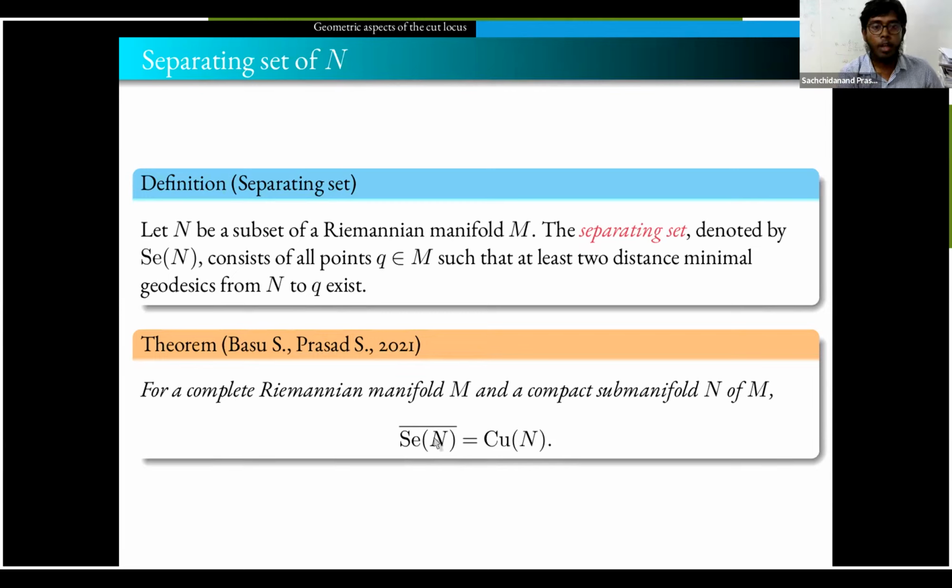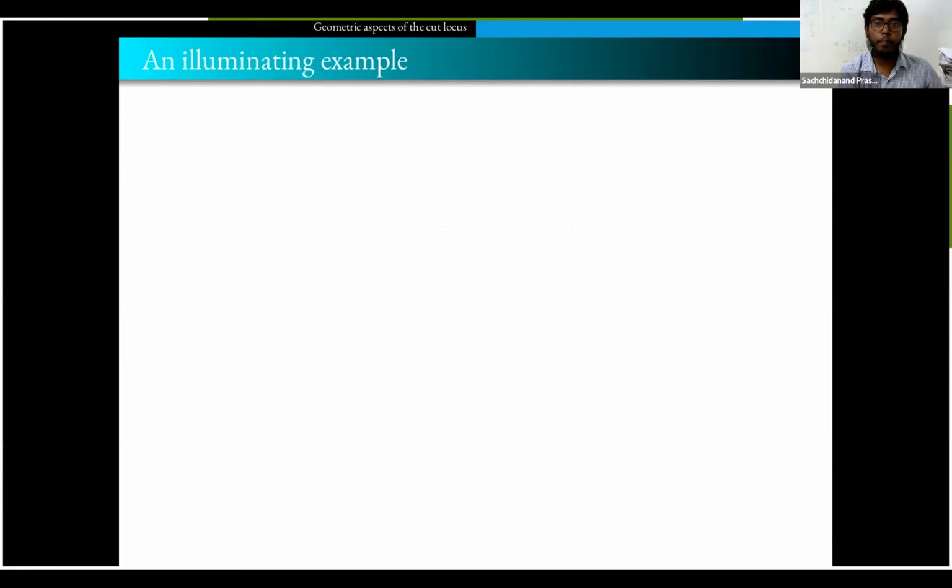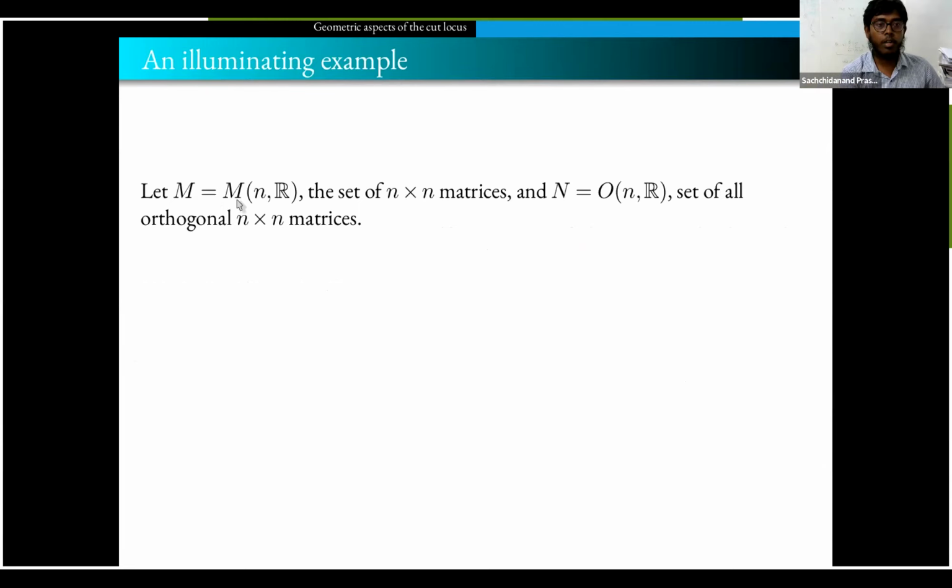Okay. So now we will be discussing an example, and with that example, I'll list out some results. So consider the set of all n cross n matrices as a manifold M, and let the submanifold N be the set of all n cross n orthogonal matrices, O(n, R).